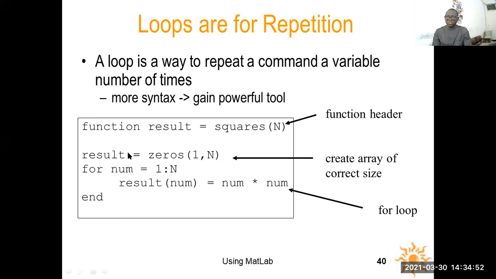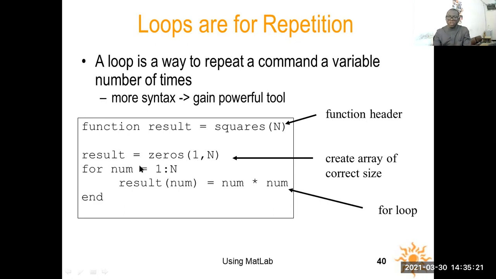This result is equal to zeros, open bracket, 1, comma, n, close bracket, to create an array of the correct size. That's 1 to 10 if n is equal to 10, but if n changes, it will also change accordingly.